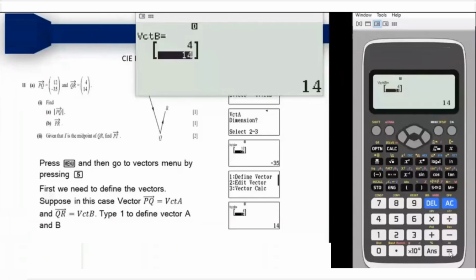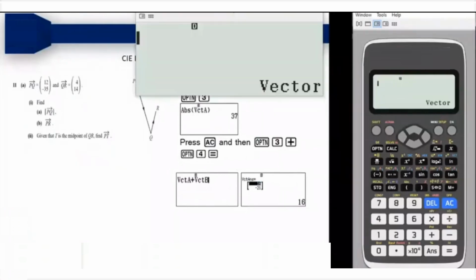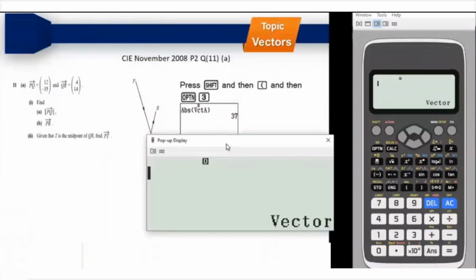Now the first part of the question is find the magnitude of PQ. So in order to find the magnitude of PQ, we will first clear the screen. Once we have cleared the screen, we need to press shift and we need to press bracket.